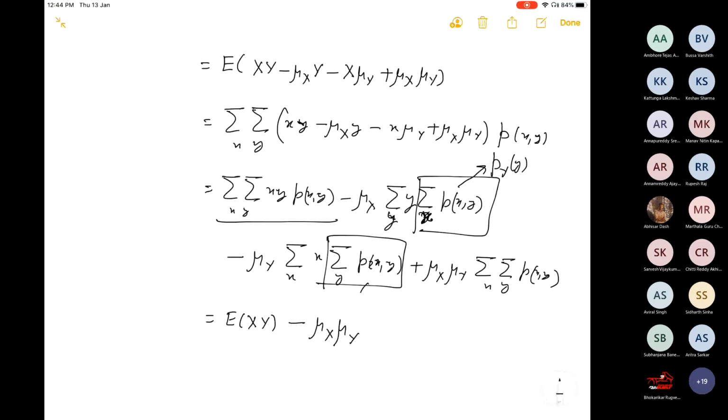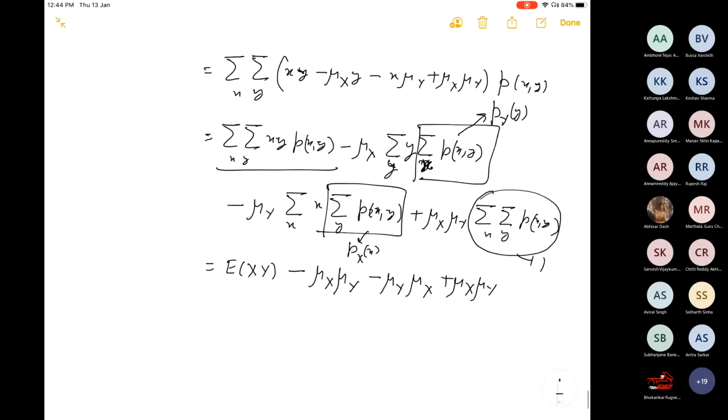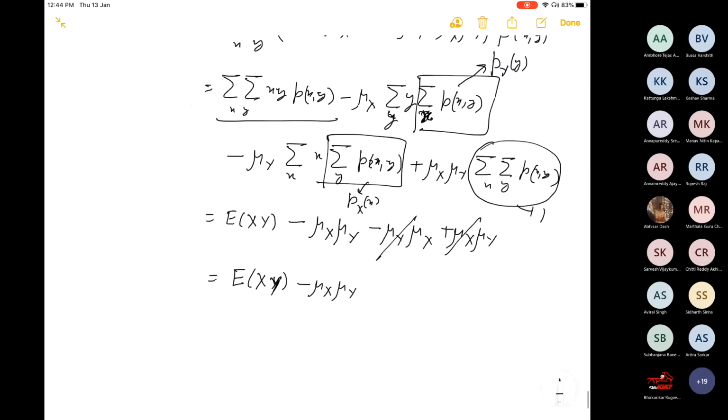Similarly, this will be the marginal of x, summation x px, that will be mu x, plus mu x mu y. The double summation of the joint is 1, so one of the values will cancel out. Therefore this is the expected value of xy minus mu x mu y. In this fashion we can find the covariance between x and y as the expected value of xy minus mu x mu y. You can do the proofs in the same fashion.